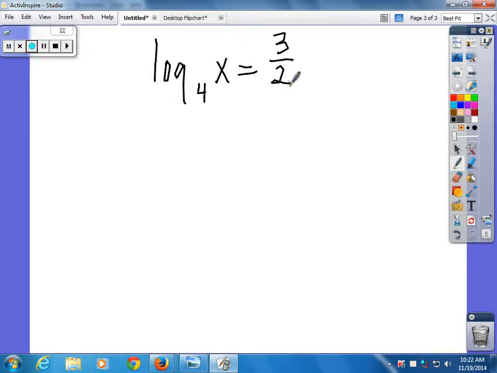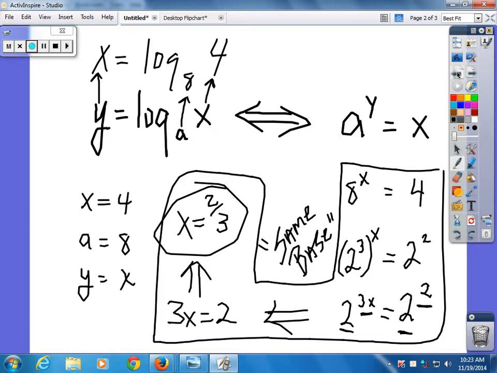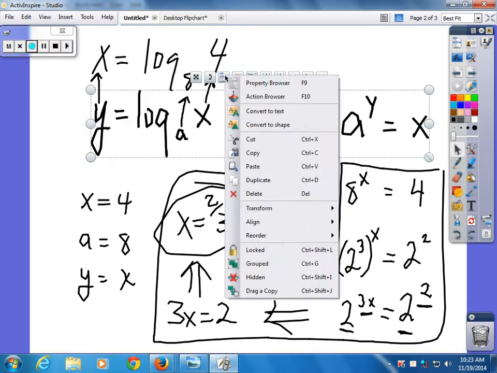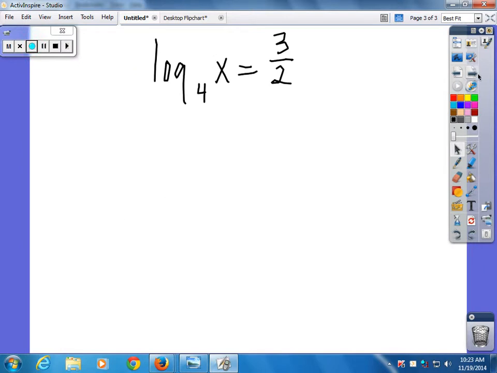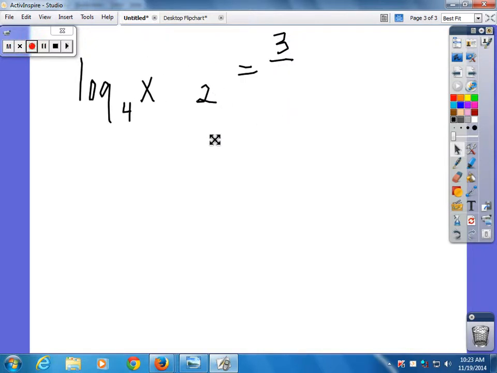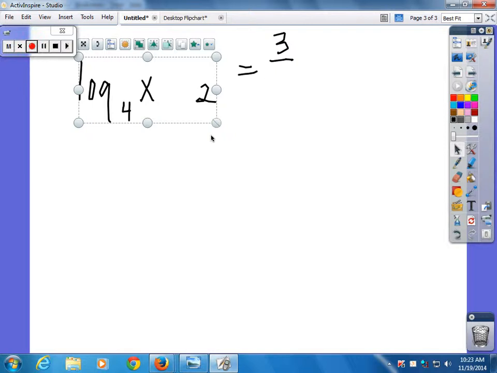And I'm going to go back and get my handy dandy notebook. And it actually worked. There we go. I'll have to move this over a little bit.